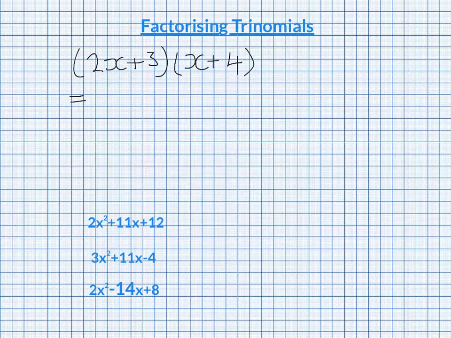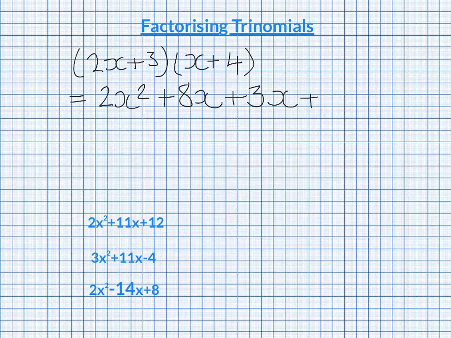So let's just go through that process. 2x times x is 2x squared. 2x times 4 is plus 8x. 3 times x is plus 3x, and 3 times 4 is plus 12. We'll simplify that by gathering together all the like terms. I've got 2x squared plus 11x plus 12.